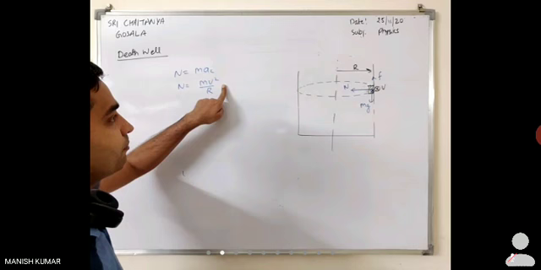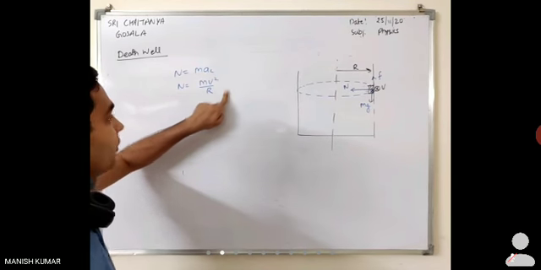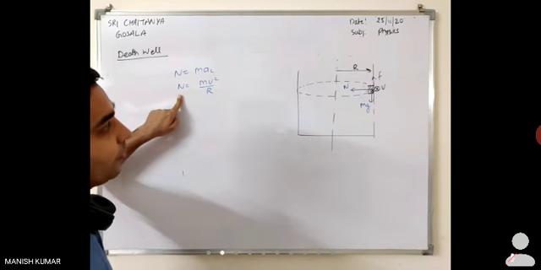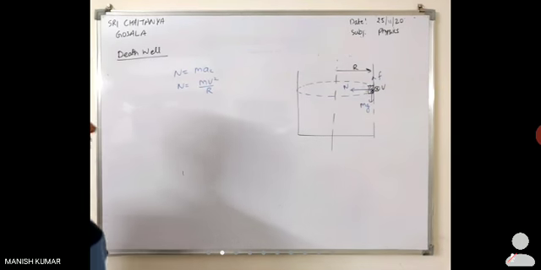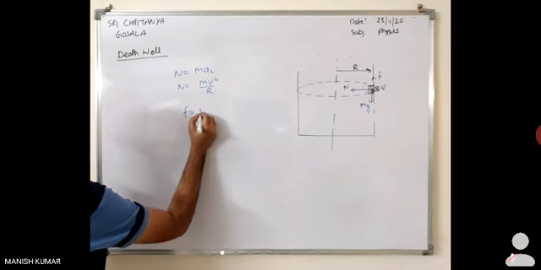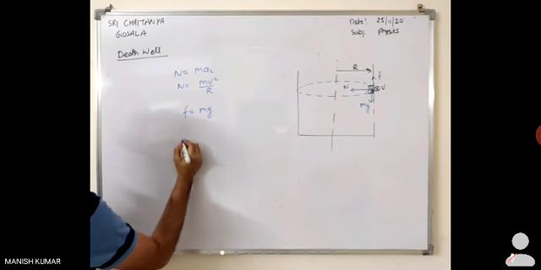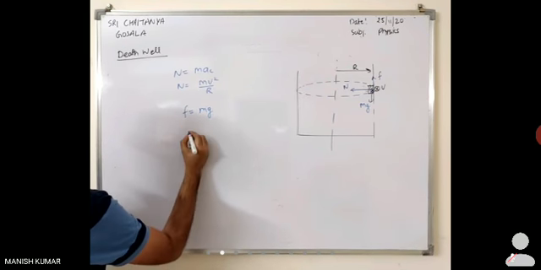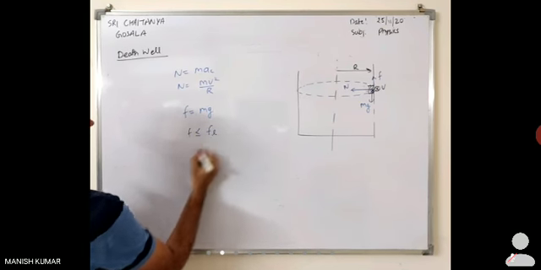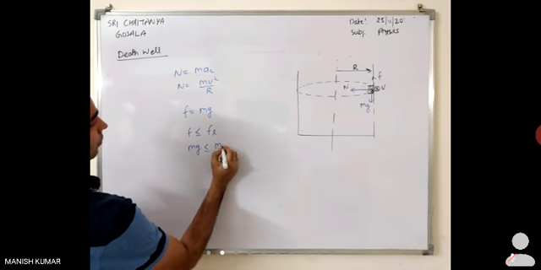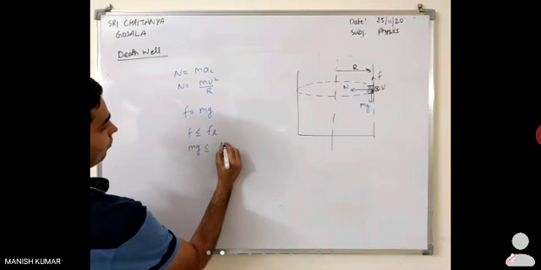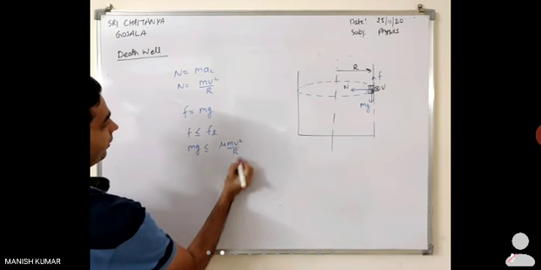When you increase the speed of the block, the normal force increases, and when the normal force increases, the limiting friction also increases. Friction is balancing the weight, but friction should be less than or equal to limiting friction. We can say mg should be less than or equal to mu m v square by r.